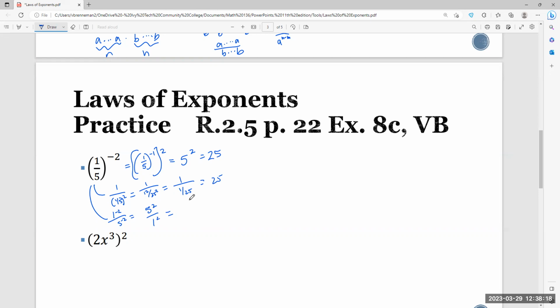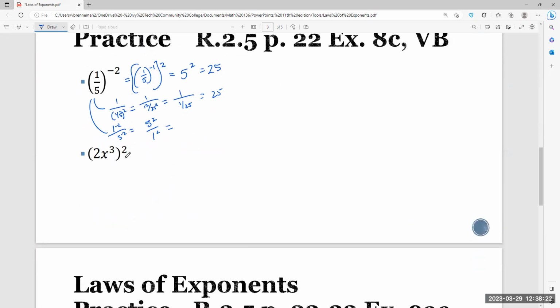(2x cubed) squared, the thing to know there is the 2 is getting squared and the x cubed is getting squared. So this is 2 squared times (x cubed) squared. The square, again, means it's 2x cubed times another 2x cubed is another way to look at it.